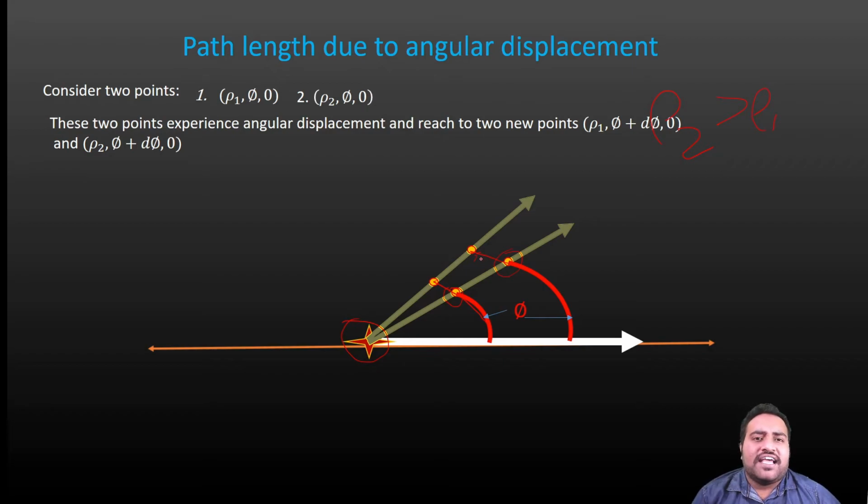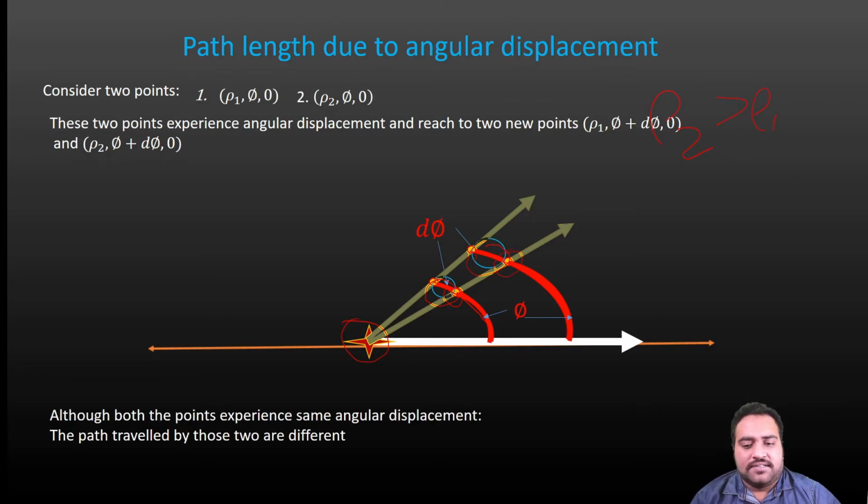Now we have not reached the full circle as such, but just an angular displacement, just an arc. Now what I want you to determine is what is the length of this arc and what is the length of this arc. What is the relationship between them? Where this is the angular displacement which you have experienced.